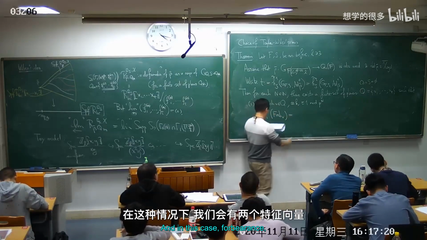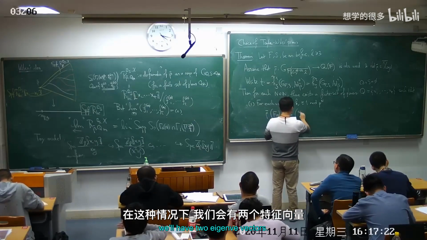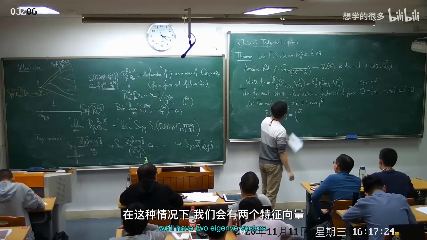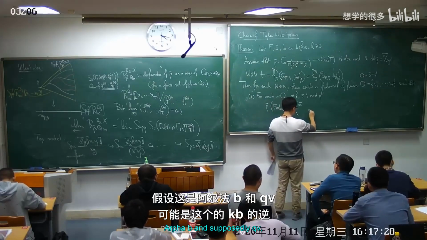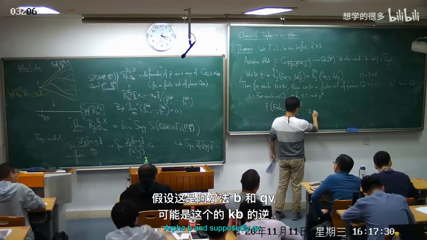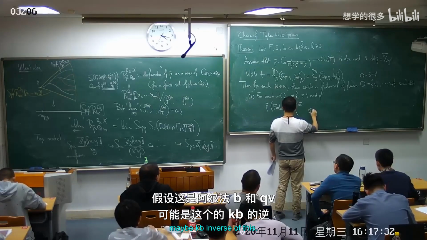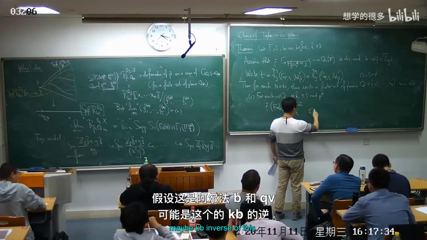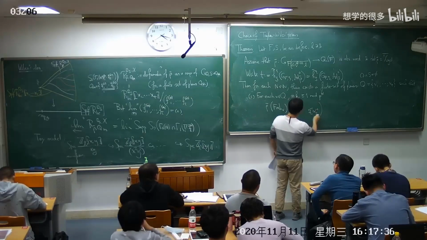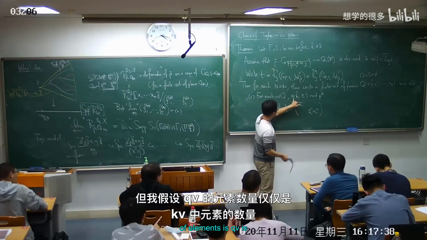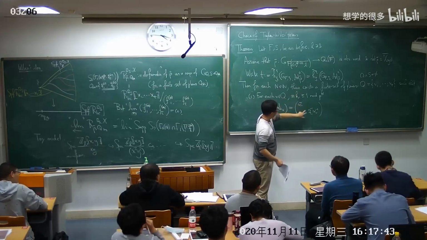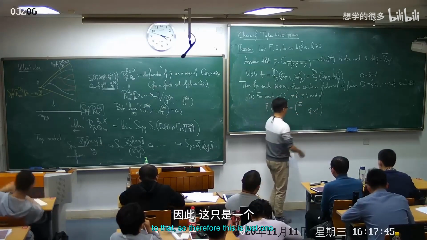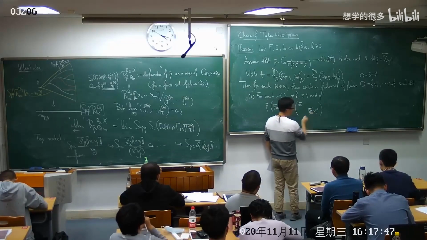In this case, the Frobenius will have two eigenvalues, alpha_v and q_v, maybe the inverse of q_v. But since q_v is the number of elements in k_v, which is congruent to 1 mod L to the n, this is just 1, so I can ignore it.